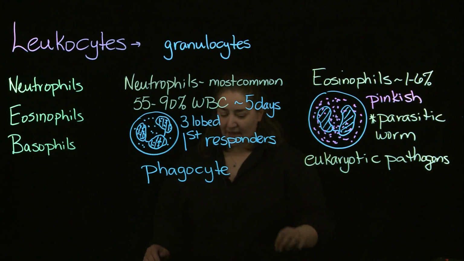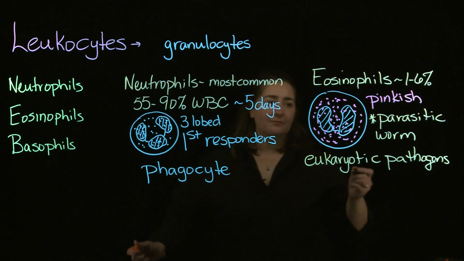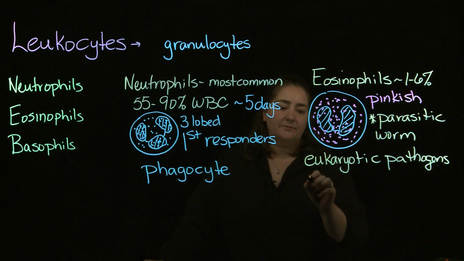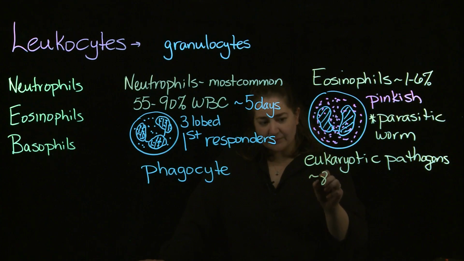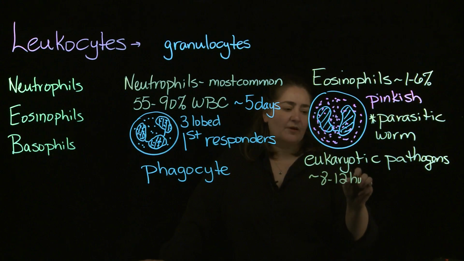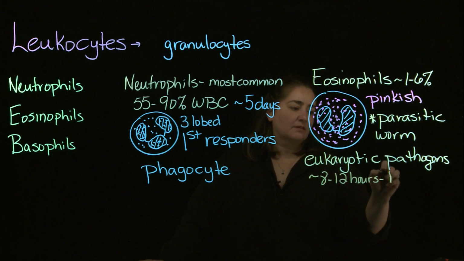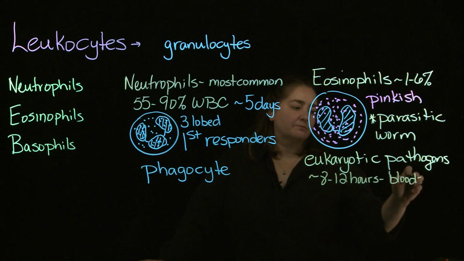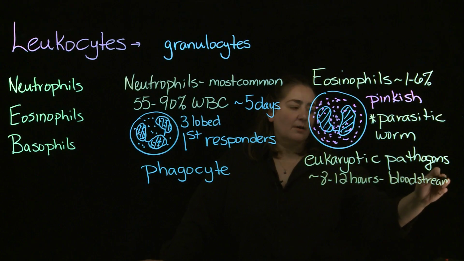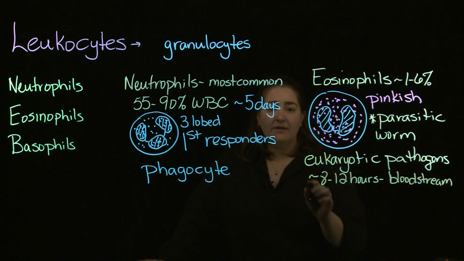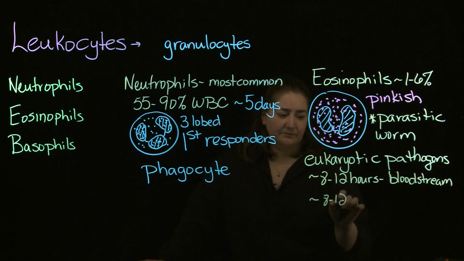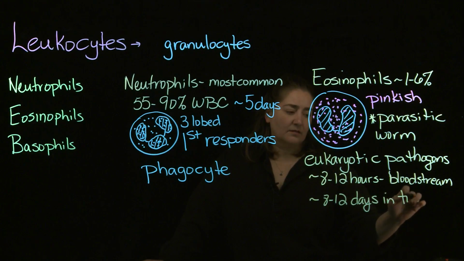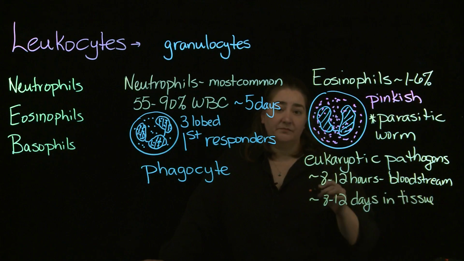So in terms of that, the eosinophils typically are going to circulate for 8 to 12 hours in the bloodstream, but they have a longer lifespan if we go to tissues, okay?